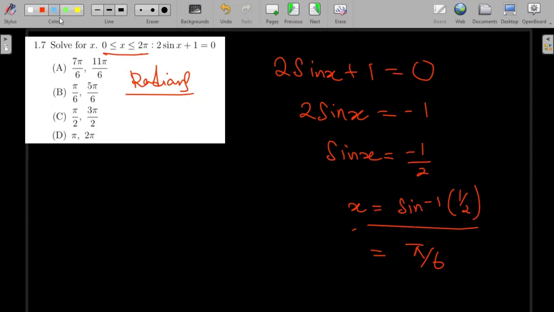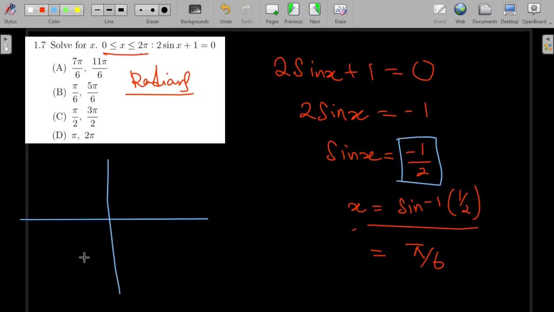Okay, but here notice that the sign here is negative. So if you draw your 4 quadrants, or students who take calc, the sign is negative in the third and the fourth. And how do you find the angle in the third and the fourth? Okay, if it's here and you're using radians, you're going to say pi plus the angle that you find there.